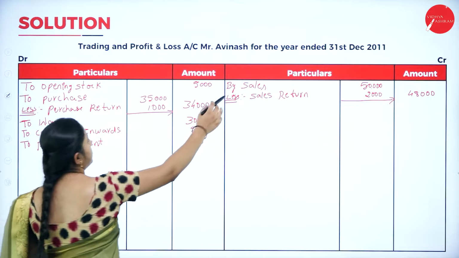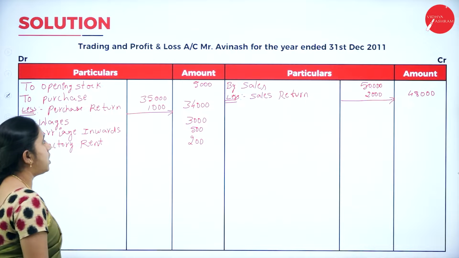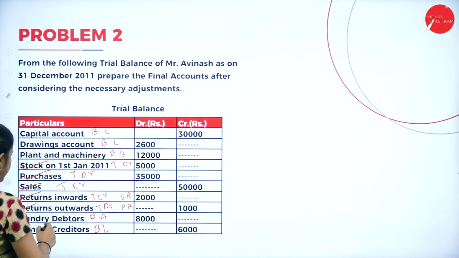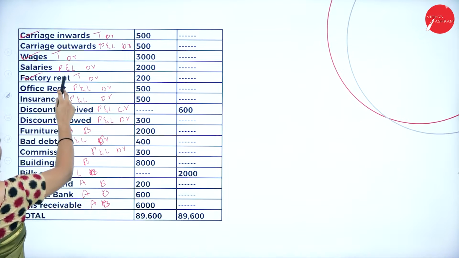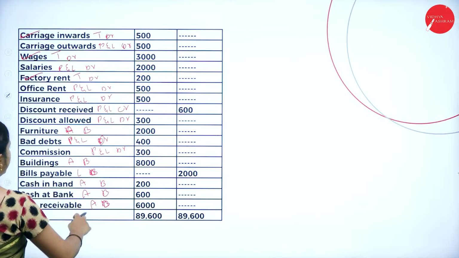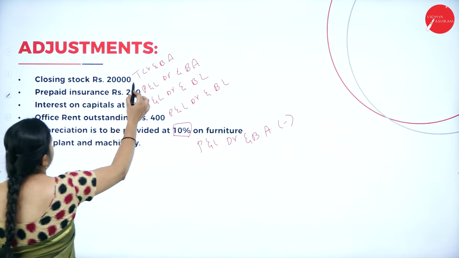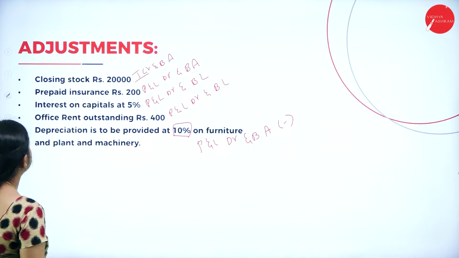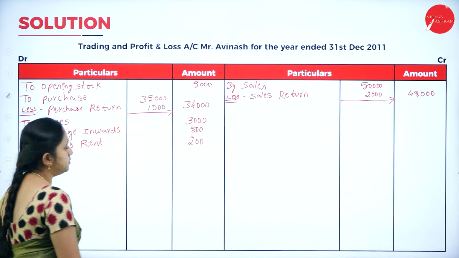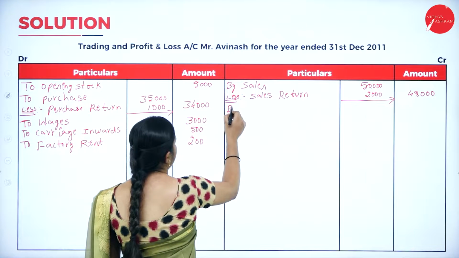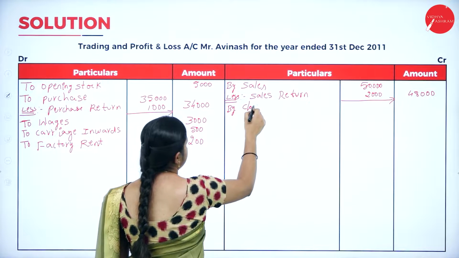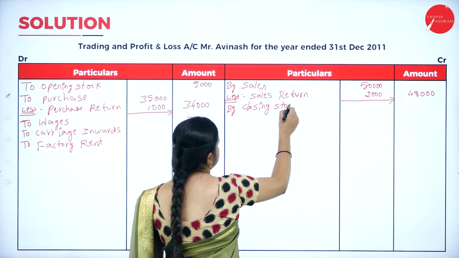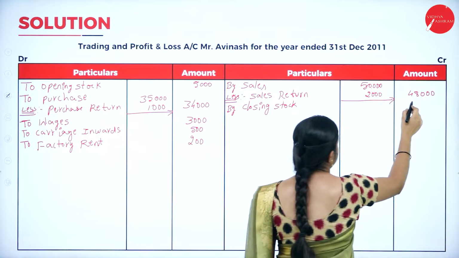Next, after sales, we have closing stock. Just check any other trading credit side items. So we finished all the trading entries. Here on the trading account credit side, write closing stock 20,000, by closing stock 20,000.